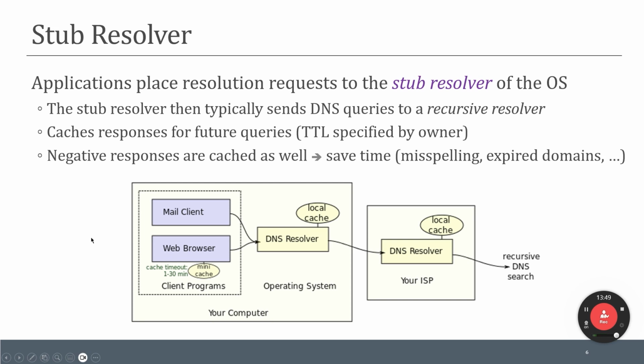So here, suppose that your computer has several different kinds of applications, a mail client and a web browser. Your operating system maintains a DNS resolver, and the DNS resolver maintains the local cache here, and your computer has the configuration of the DNS server.